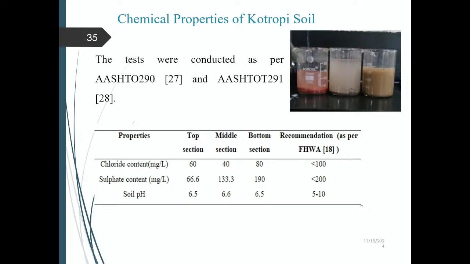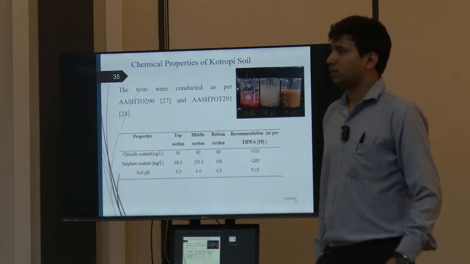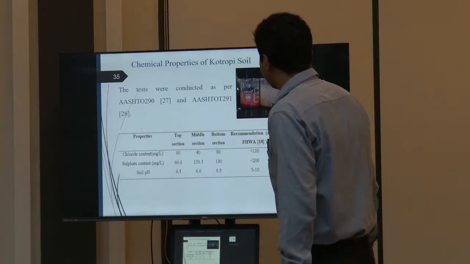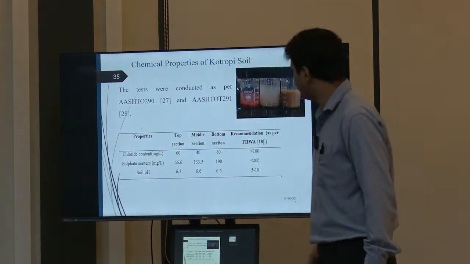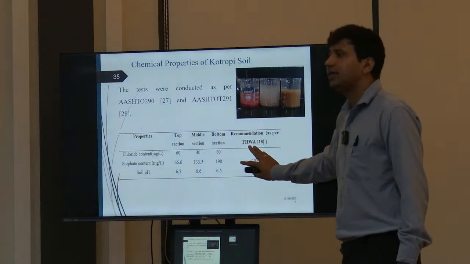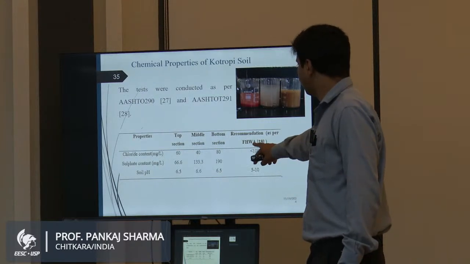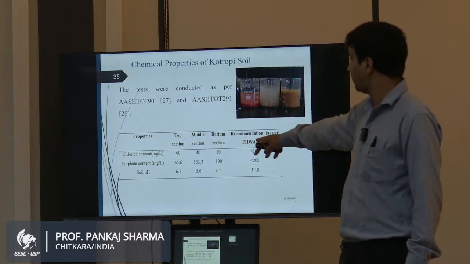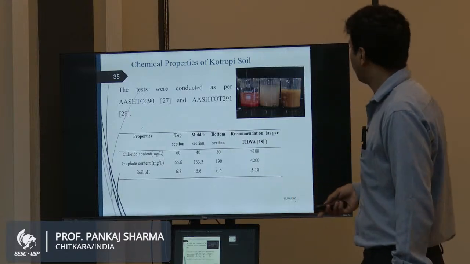Also for soil nailing, it becomes very important to test for chemicals. For example, if harmful or corrosive chemicals are there, they will cause problems to the soil nail. So we have conducted tests for chloride, sulfate and the pH value, which were in the permissible limit as per the FHWA code, which is the code for soil nailing, from the Federal Highway Administration, a code from the US government.